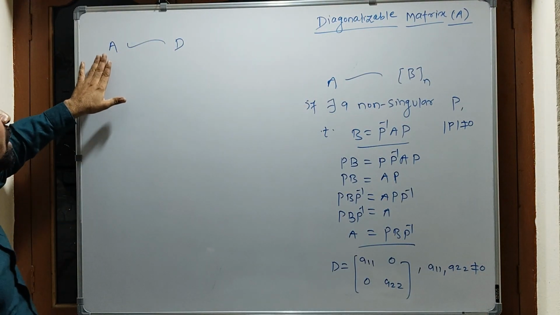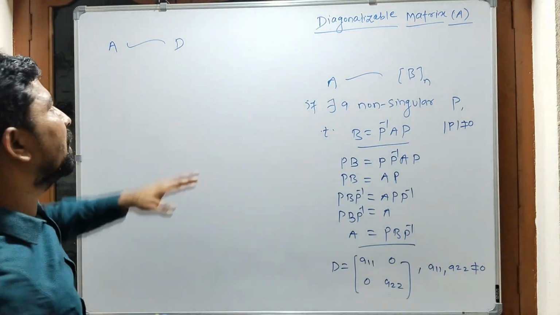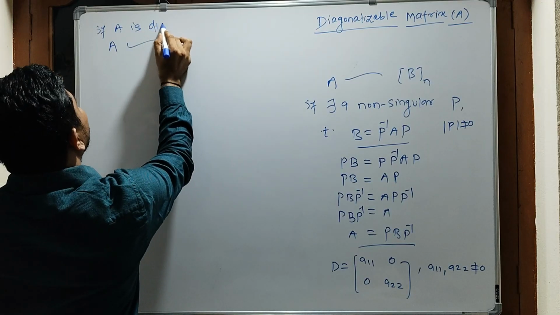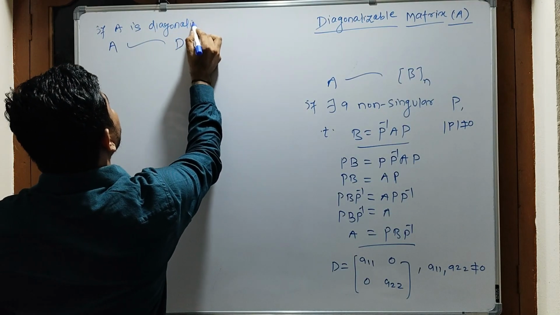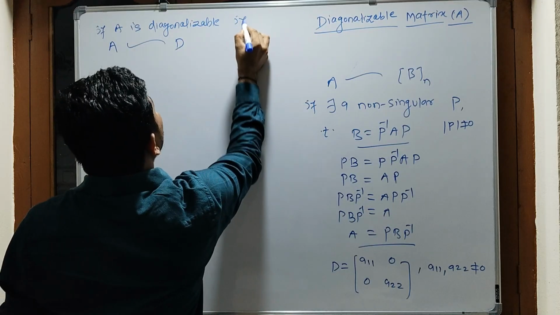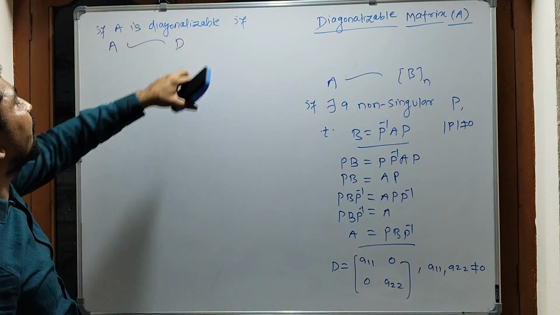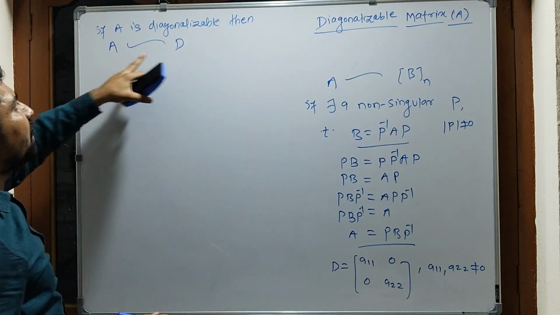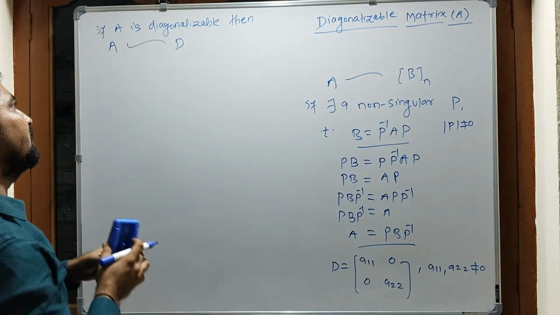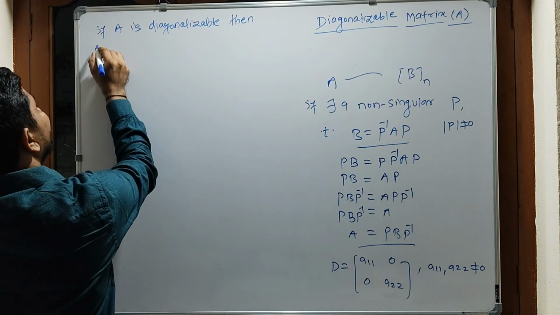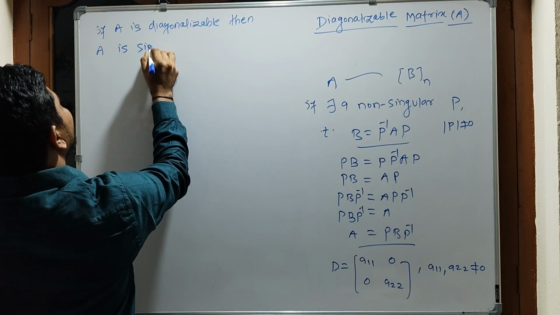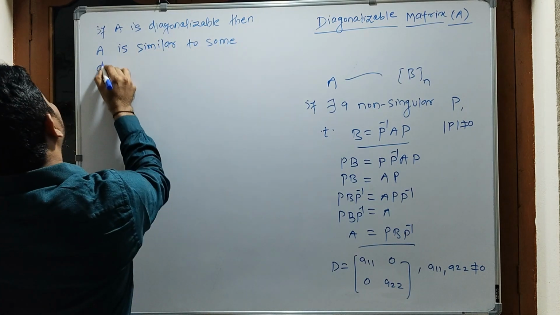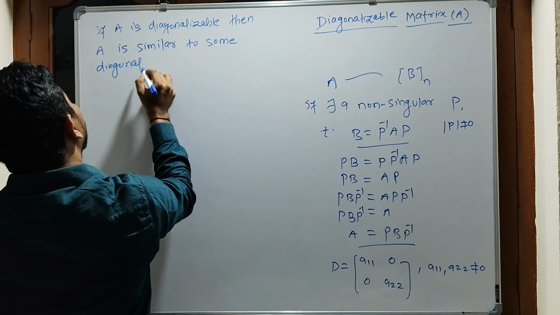So here is the definition: if A is diagonalizable, then A is similar to some diagonal matrix D.